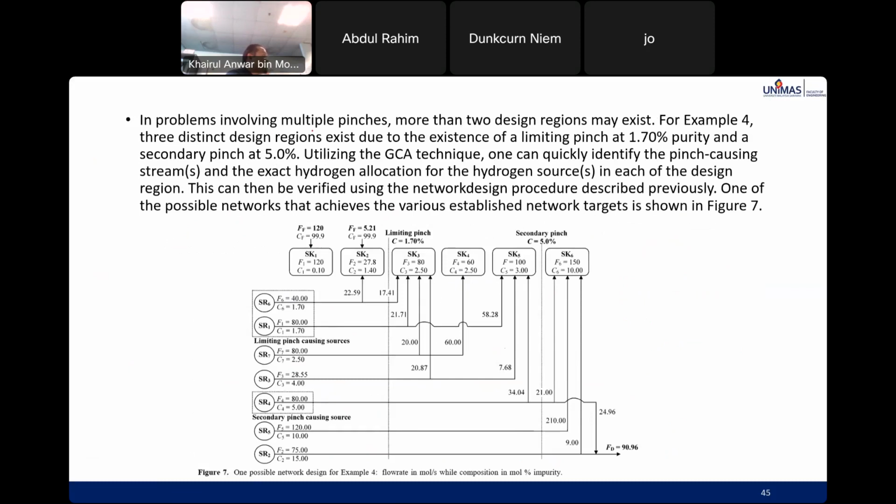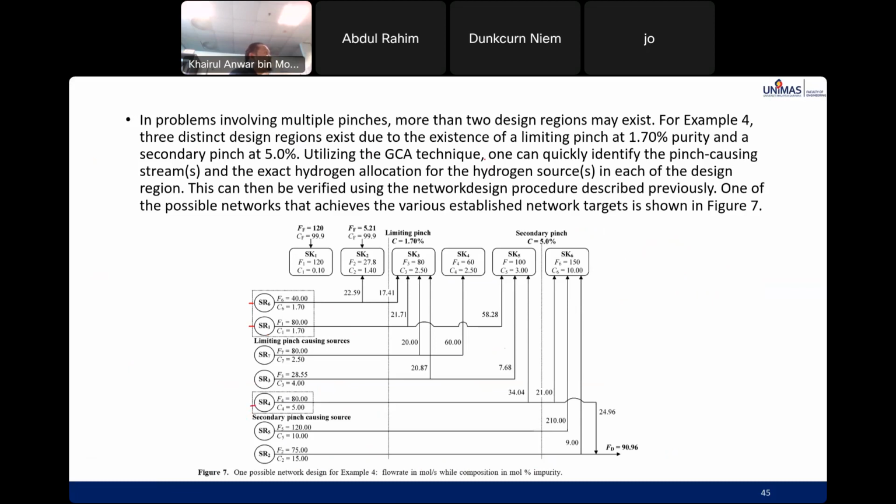In problems involving multiple pinches, more than two design regions may exist. For example, three distinct regions exist. Sorry, two, three.